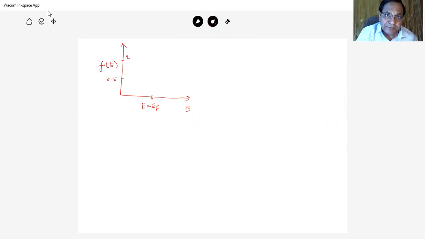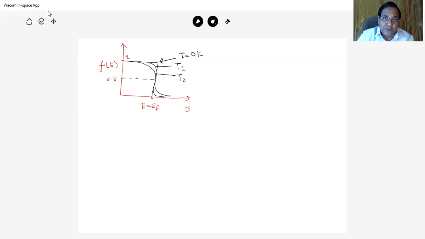So we have this kind of function when T is equal to 0 Kelvin. And this function changes as something T1, or there is another change of the function, this is T2, where T2 is greater than T1. This kind of function.